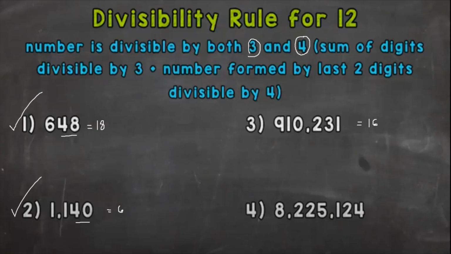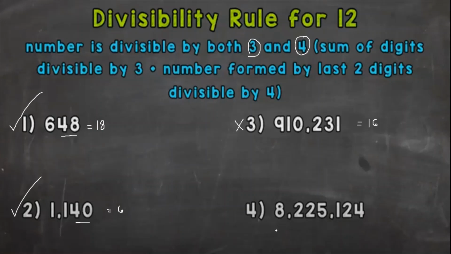Because 3, 6, 9, 12, 15, 18. So we don't have 16. So therefore, number 3 here is not divisible by 12. So always remember that a number can be divisible by 12 only if it is divisible by 3 and by 4. Let's proceed to number 4.